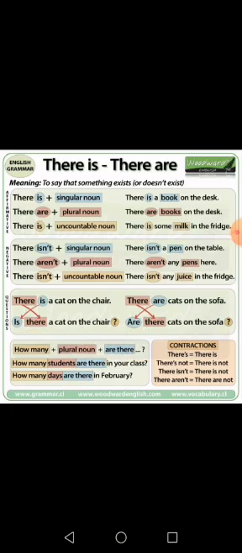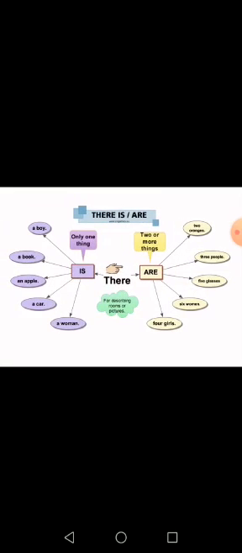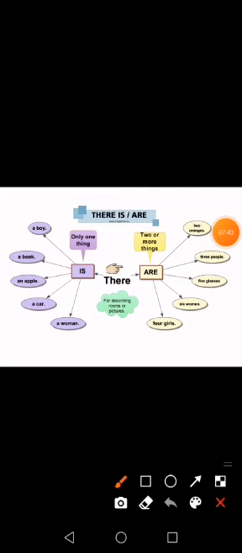Okay, student? So here also we talked about there is and there are. Those are examples. We use "is" with only one thing, with a singular noun like boy, book, apple, car, and woman.